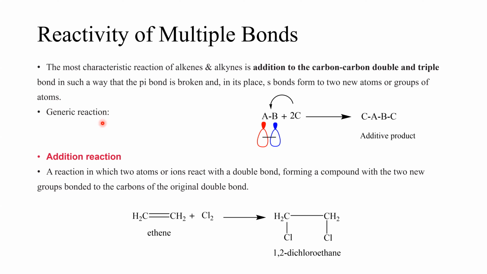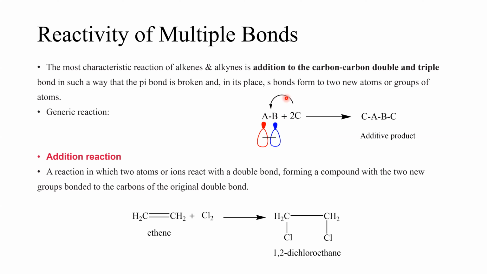So the generic reaction, for an easy and more general understanding, is what kind of addition reactions there are. An addition reaction is a reaction where, let's say, this is a molecule and it has the pi electrons. That could be the double, that could be the triple bond. Because in the case of the double bond, there is one sigma and one pi bond, and when it has the triple bond, that means there is one sigma and two pi bonds.